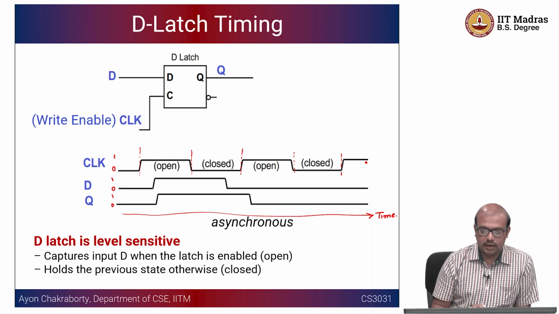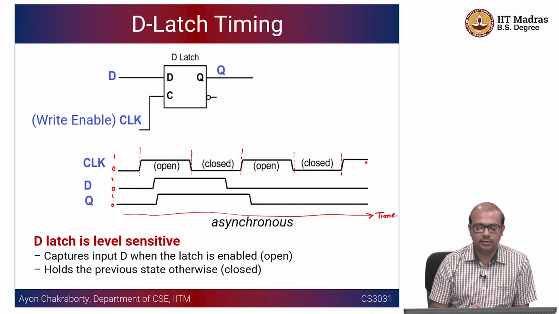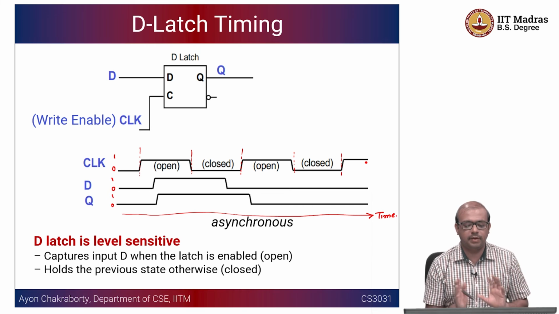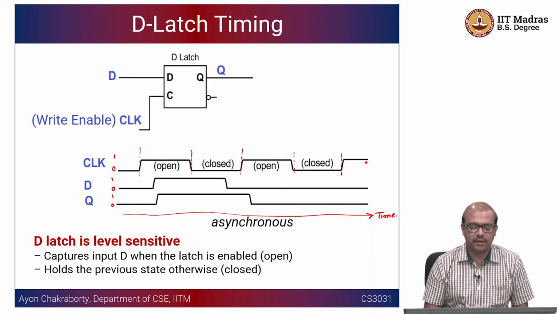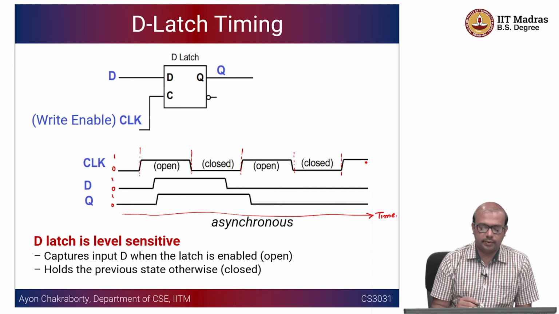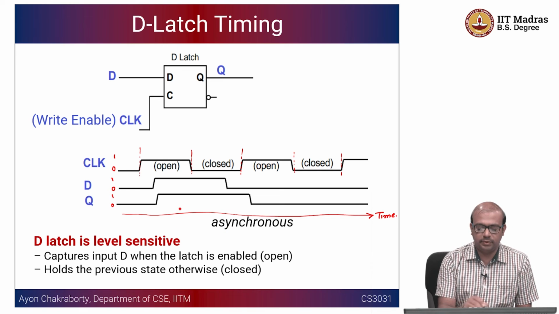The value of D can change any time. There is nothing we can control about it, because this is an input that is coming from an external source or some other circuit, whose value of D has to be written to Q. So this value has some inherent asynchronicity with respect to the clock.